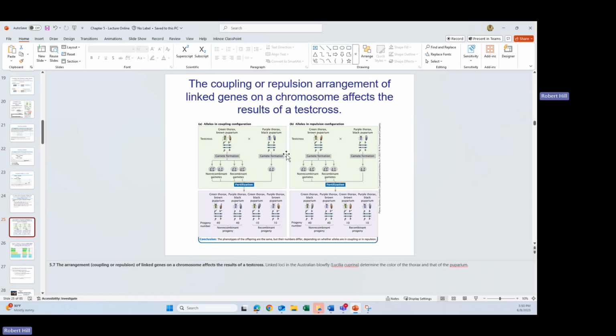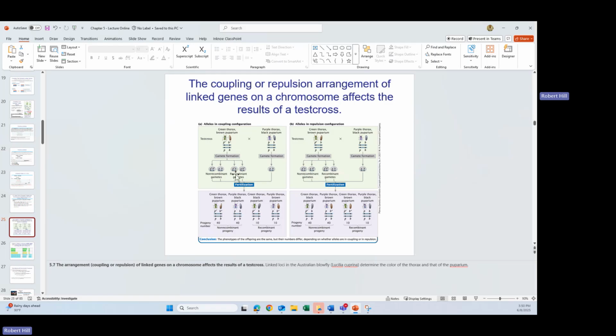In homozygous recessive, you can't be in cis or trans because it's the same thing on both chromosomes. You only have cis and trans situations when you have heterozygotes.